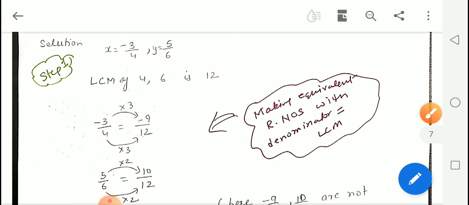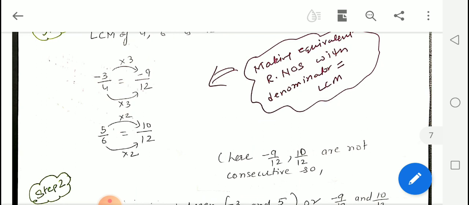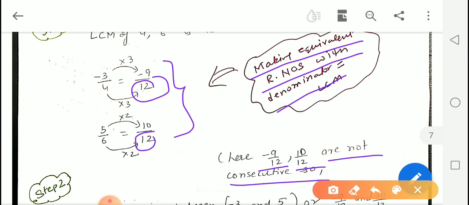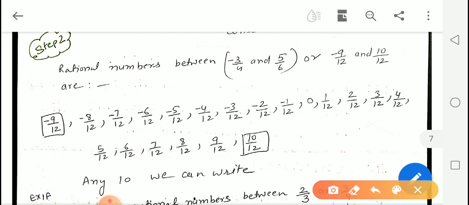Here also the denominators are not the same, so the LCM of 4 and 6 is 12. Here we have made the equivalent rational numbers where the denominator is equal to the LCM. See, we have made these two. So -9 by 12 and 10 by 12 are not consecutive, so we can write the rational numbers in between like this.